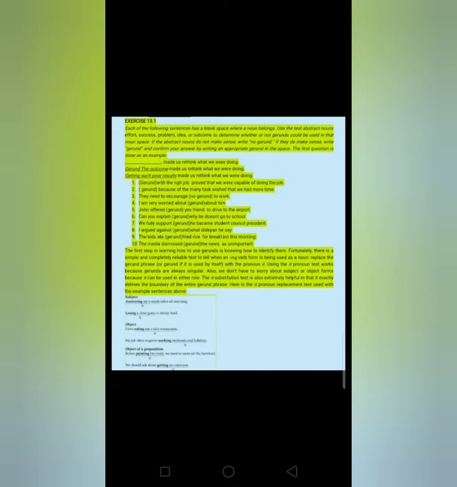Exercise 13.1. Each of the following sentences has a blank space where a noun belongs. Use the test abstract nouns effort, success, problem, idea, or outcome to determine whether or not a gerund can be used in that noun position.